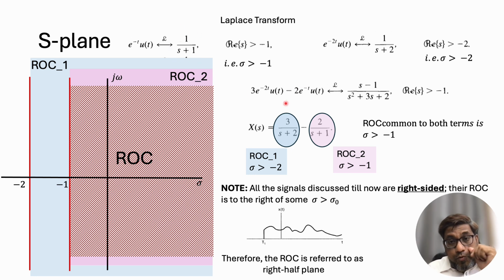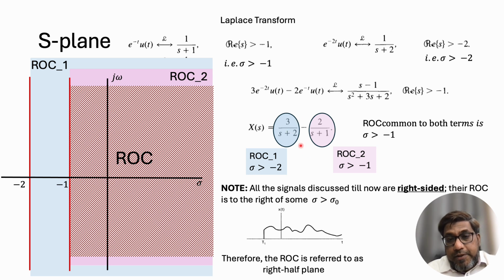So for 2 times e power minus t u of t, the Laplace transform is 2 upon s plus 1. Combining these two in a linear fashion gives us the Laplace transform of the combined signal, whose Laplace transforms are also combined in the same linear fashion, and that also exhibits the linearity property of the Laplace transform.